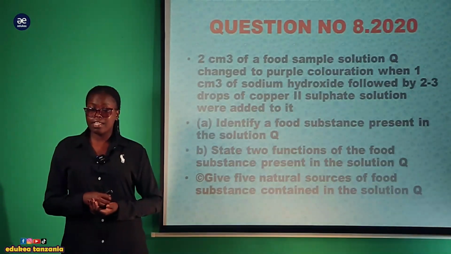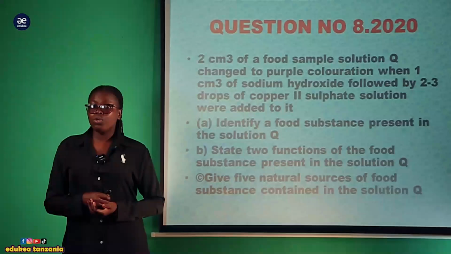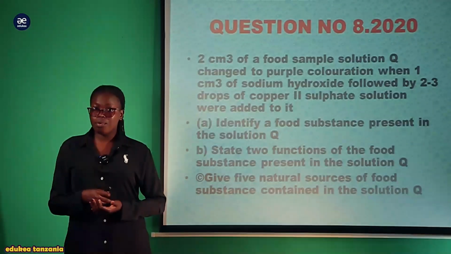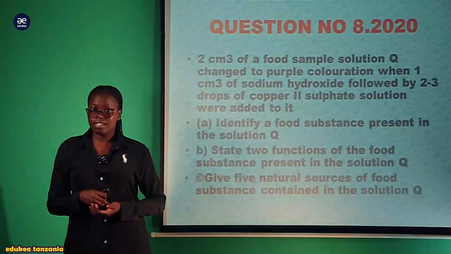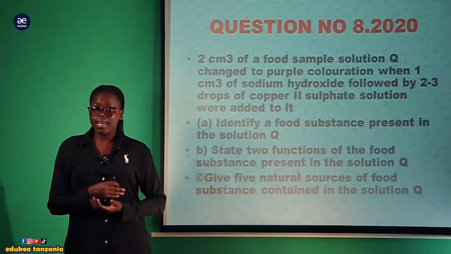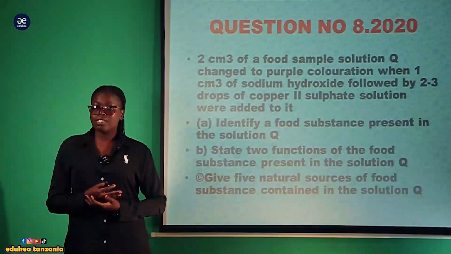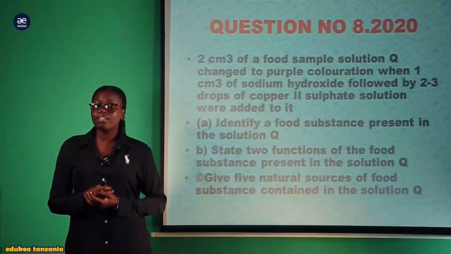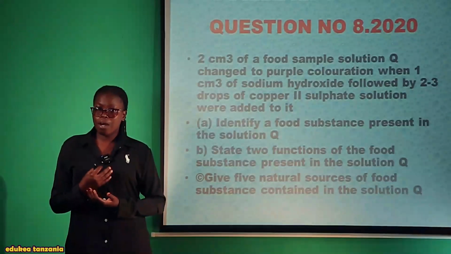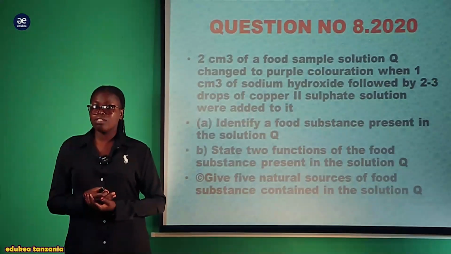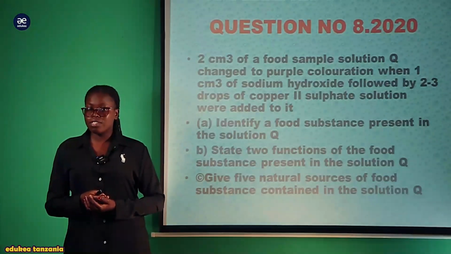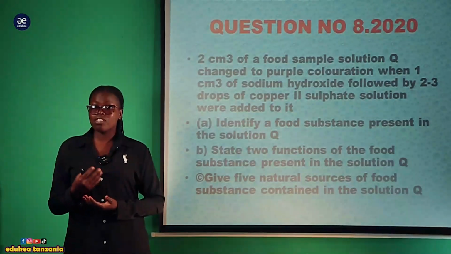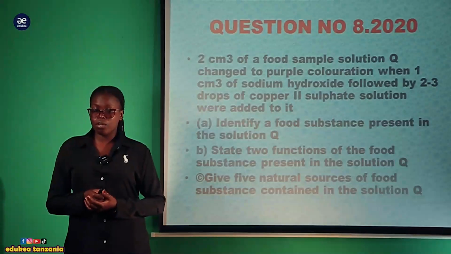Since you are studying this, you need both theoretical and practical concepts so that you can answer the question. Here, the examiner has already performed the practical and obtained the result from the food sample Q.